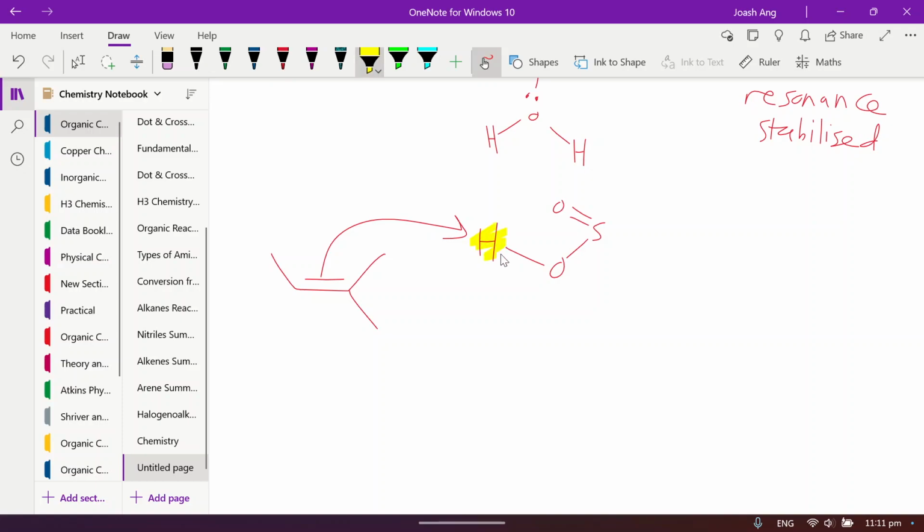So this hydrogen right here is more electron deficient compared to the hydrogen on water. And it is because of the fact that there are many electronegative atoms pulling the electron density away from the hydrogen for acids in this case.